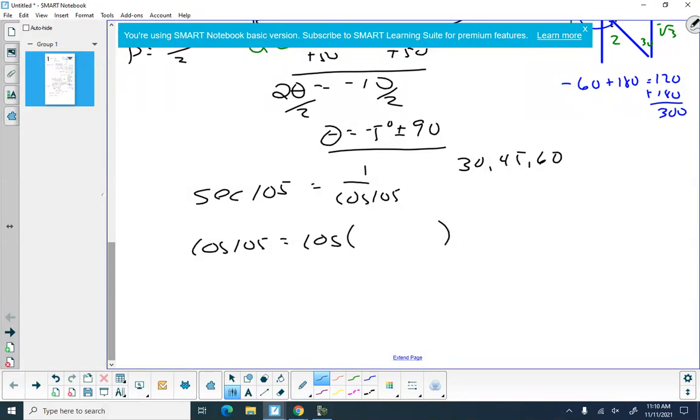Well, which one of those two do I need to add or subtract to get 105? I got 30, 45, and 60. 60 and 45. Now, if you want 45 and 60, that's okay. So here's your A, here's your B. So expand out cosine of A plus B. Don't try to sub stuff into it yet. Just expand out cosine of A plus B. Look at your formula sheet and just use your A's and B's.